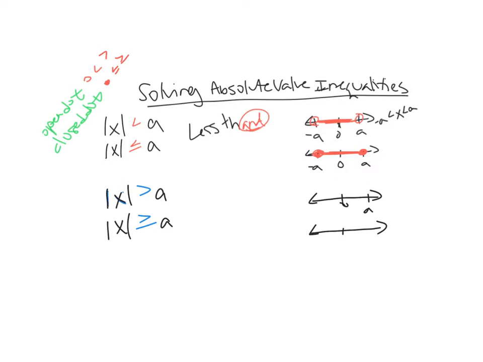I'm going to be shading the exterior part, the outside part. So I'm shading the furthest away from 0. Again, since absolute value is just distance and we don't know if we're going right or left, it could also be in the exterior left part of the graph. And if we have greater than or equal to, the only difference is we have a closed dot instead of an open dot.